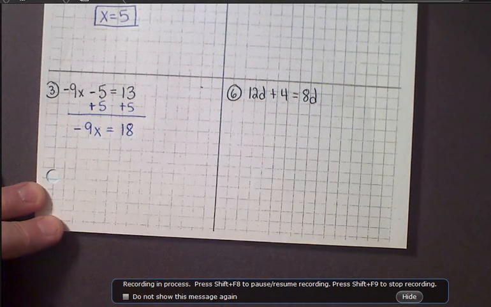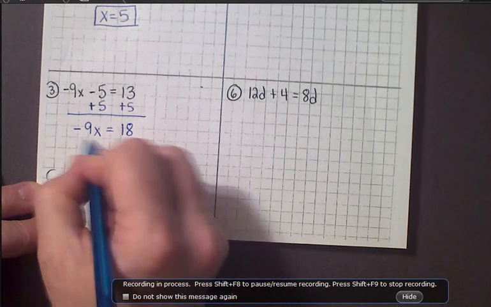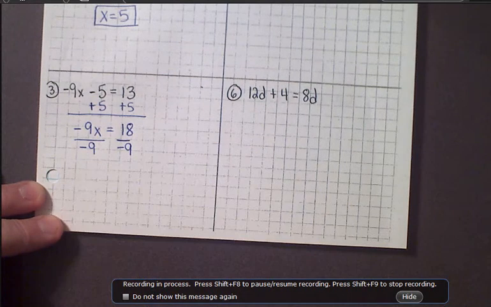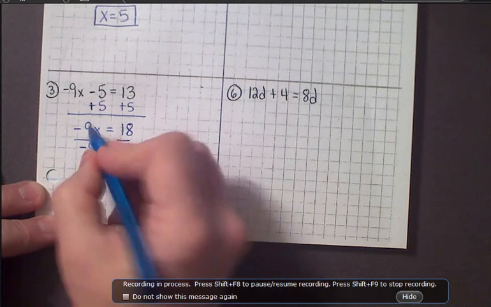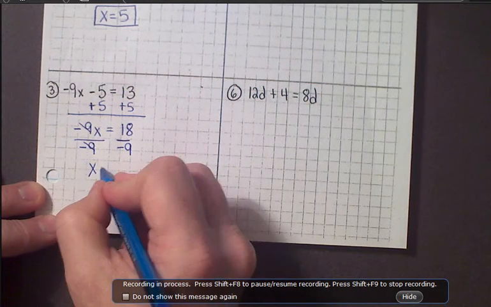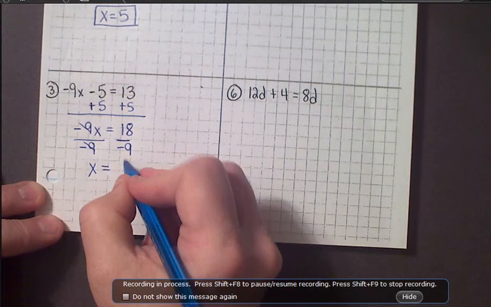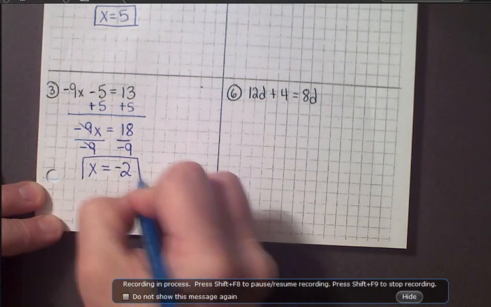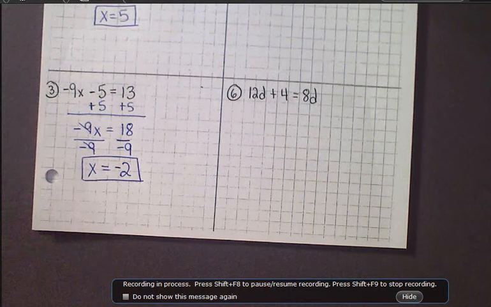Again, our focus is to undo any addition and subtraction first. Then I'm going to divide by what's multiplying x, which in this case is negative 9. These will cancel, leaving you with just 1x, or x, which is what we want, equals 18 divided by 9 is 2, and a positive divided by a negative is negative. So your answer is x equals negative 2.